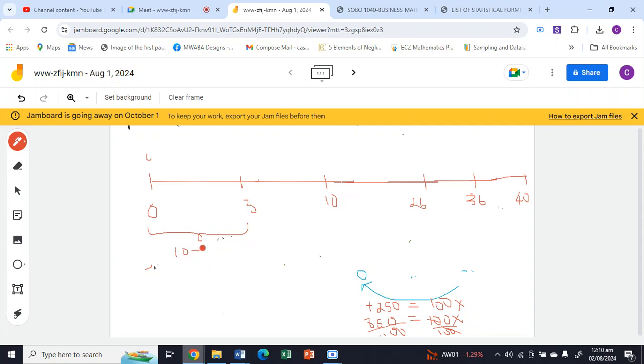From 0 to the third position, think of these as positions: third position, 10th position, 26th position, 36th position, 40th position.